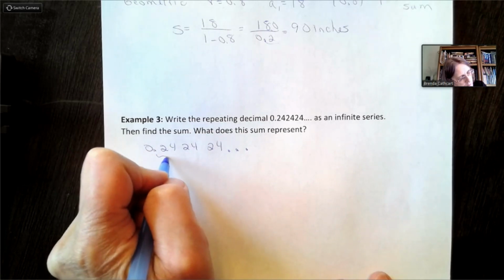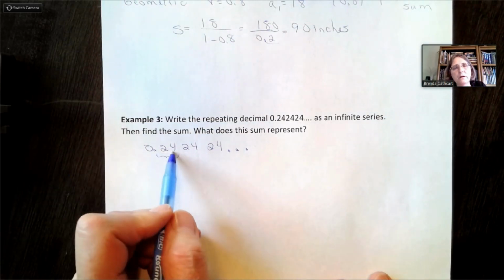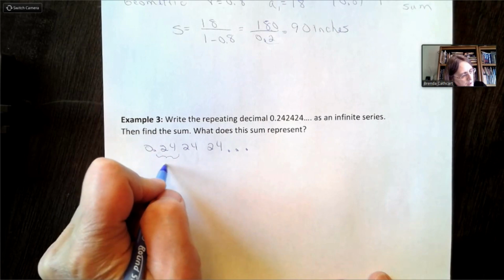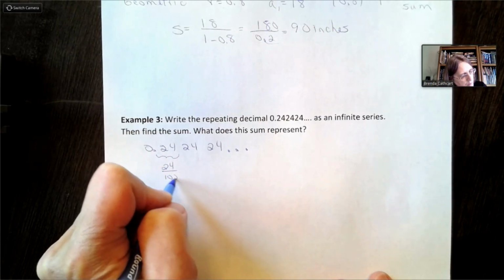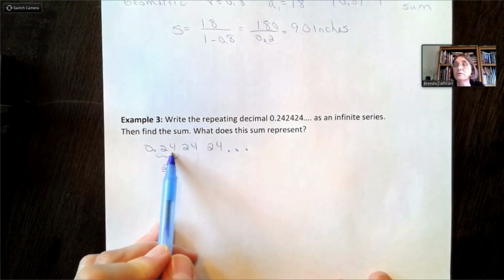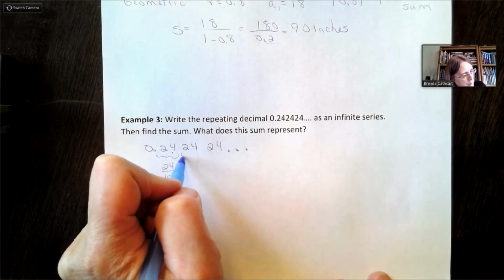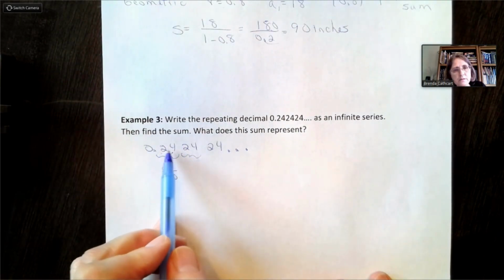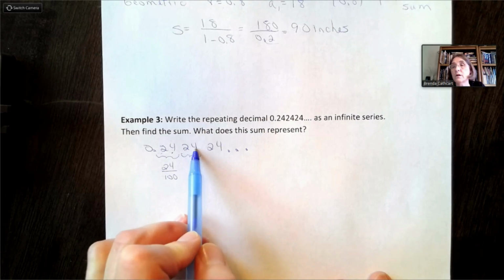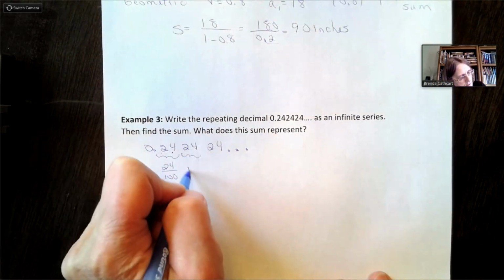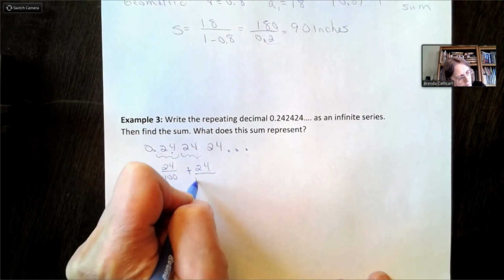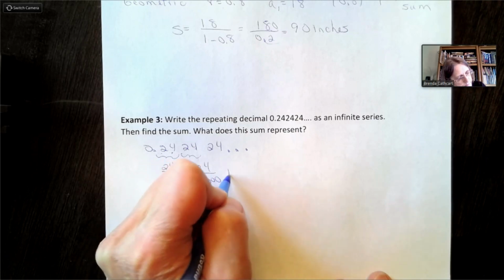The first group of repeating digits right here can be written as 24 over 100, because this is in our hundredths place. Our next one takes us tenths, hundredths, thousandths. This is in our 10,000ths place. So we're going to add 24 over 10,000.